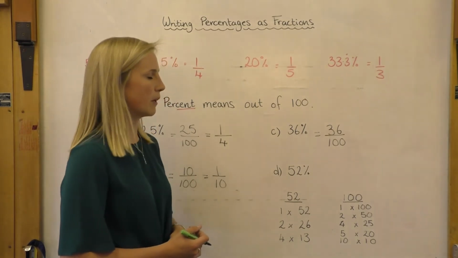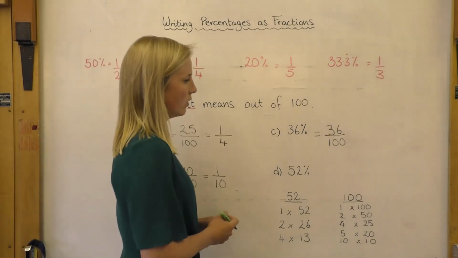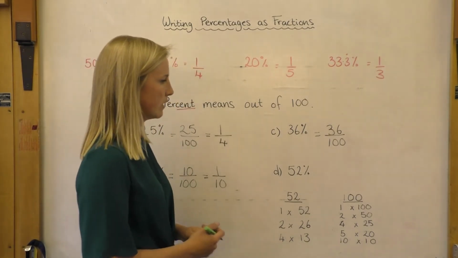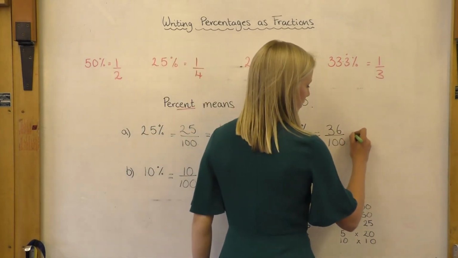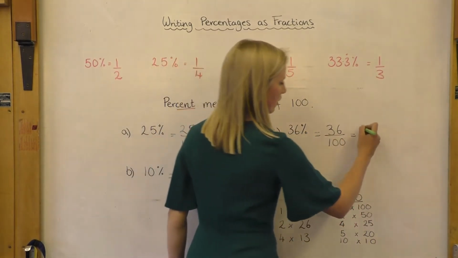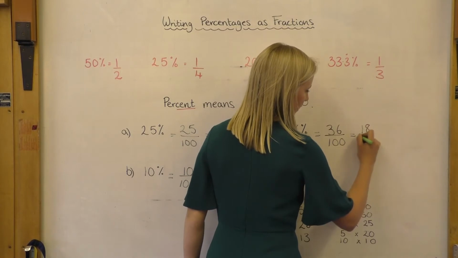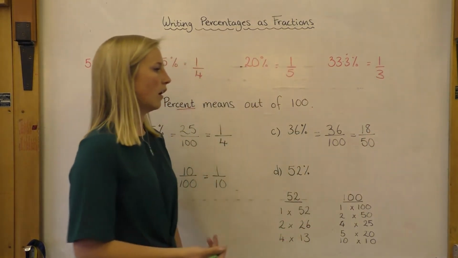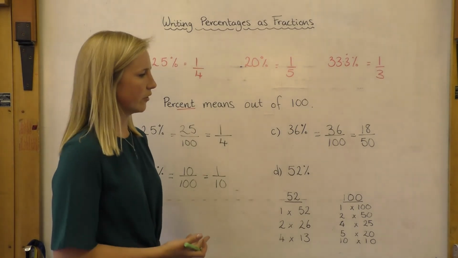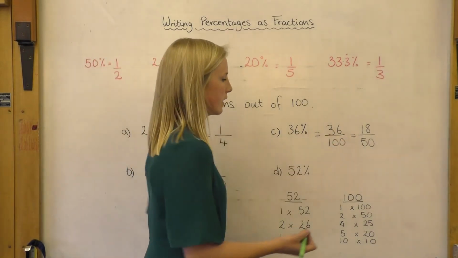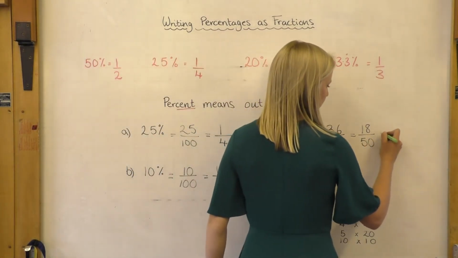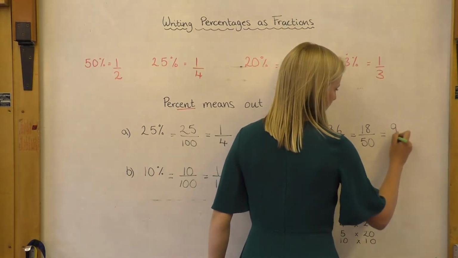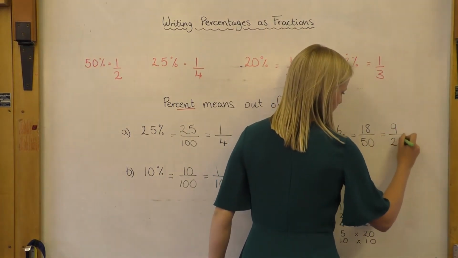So when I'm looking at my 36 and 100, I know that both of them can be divided by 2. So if I divide them both by 2, I have 18 out of 50. Looking at 18 over 50, well, they're both even numbers again, which is going to give me my 9 over my 25.